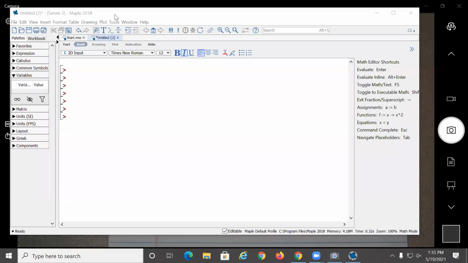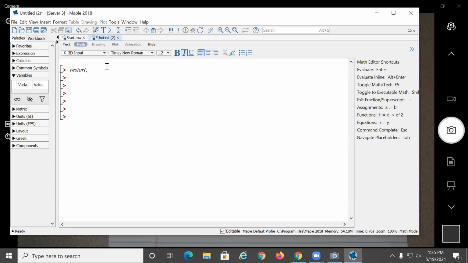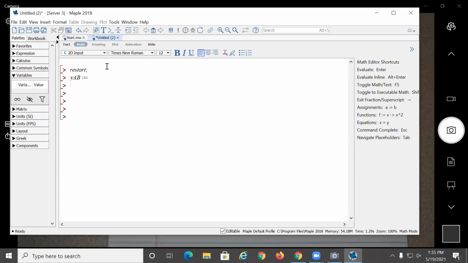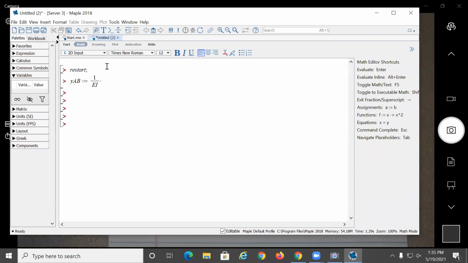Okay, so I'll open Maple, and the first thing you need to do is to type restart. Basically, it means it's going to clean everything. And here, what I need to do is just to write down Y, B, C. Maybe let's do everything here. Let's see. Y, A, B equal to 1 divided by EI times, what do we have?